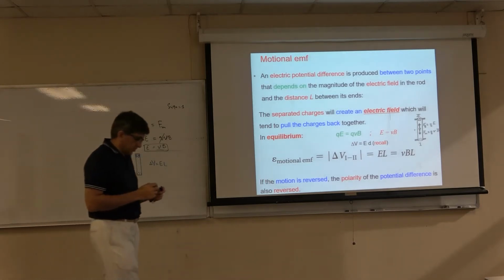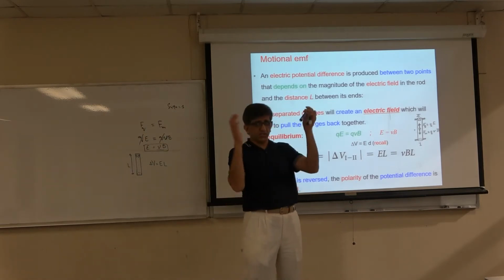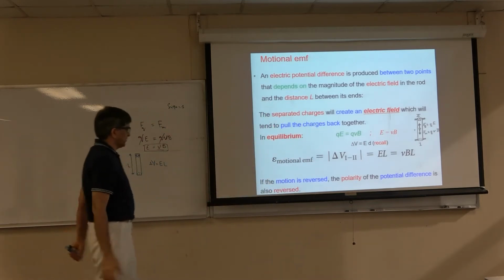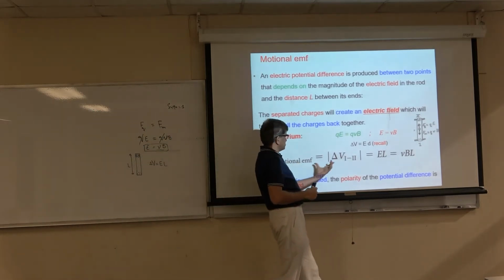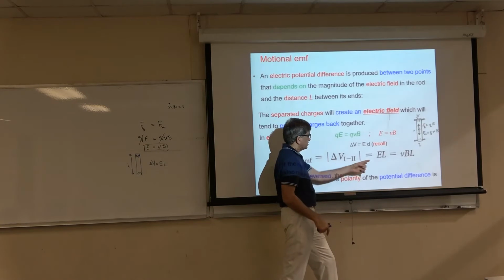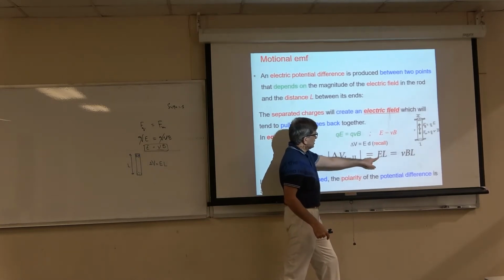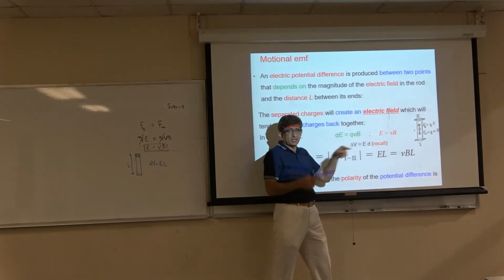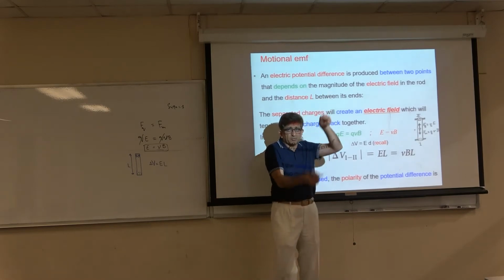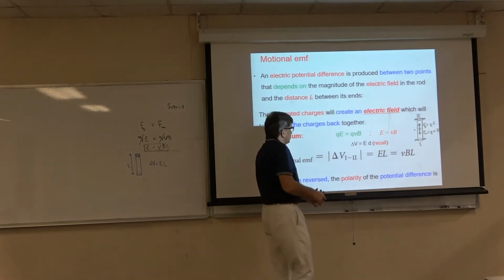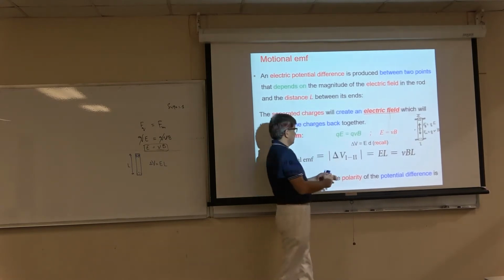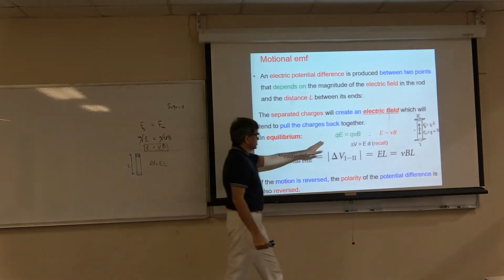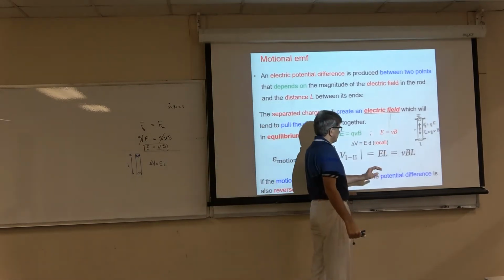Now the EMF, electromotive force, is basically the potential difference between the two ends. So I can write the EMF is equal to the potential difference, equal to the electric field times the separation between the two charges. From the relation above, we found that the electric field is equal to velocity times the magnetic field.